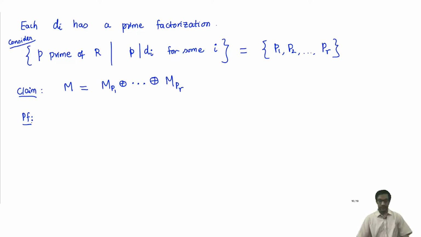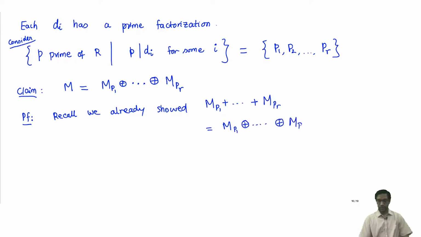Which means that I know that for these MPIs, their sum is equal to the direct sum. That I have already shown. So proof, recall, we already showed independence, meaning the submodule generated by these components is actually a direct sum.